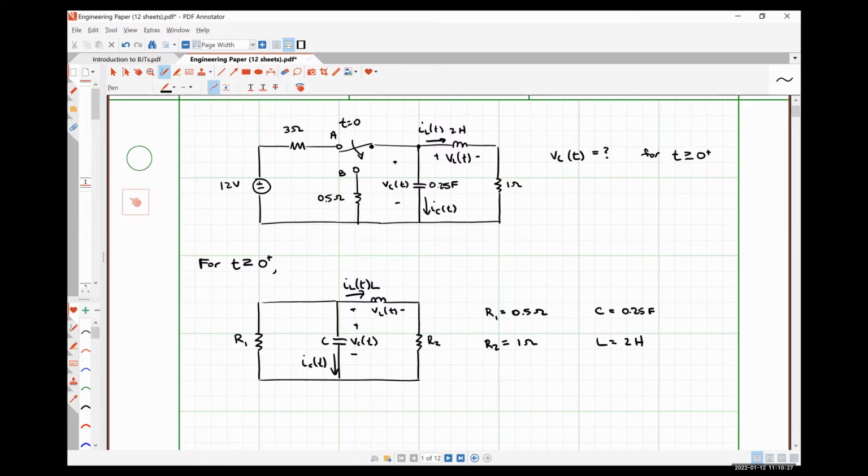Okay. So when we are coming up with our second order differential equation, it's important that we're doing it during the transient condition, which means we need to start by looking at what's happening during the transient.